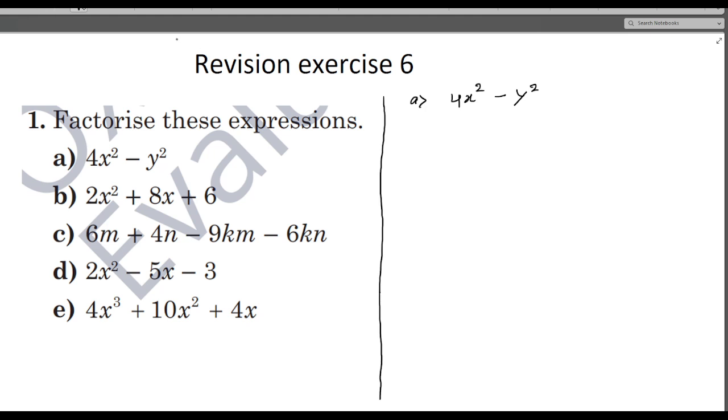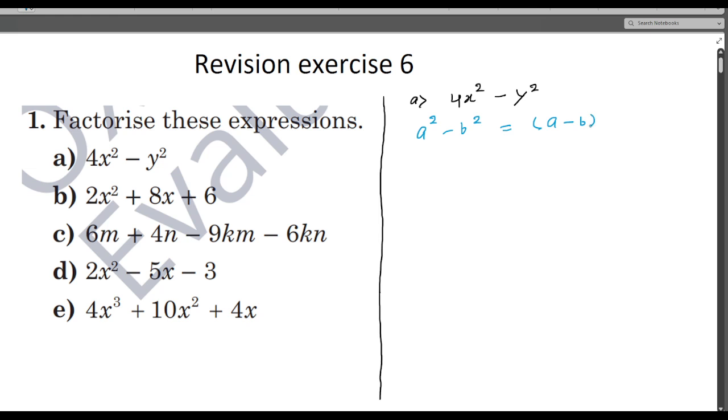This problem is of the type a square minus b square. Many of you remember that a square minus b square can be factorized as a minus b times a plus b. So whenever you find two terms with square, then you can factorize them like this.